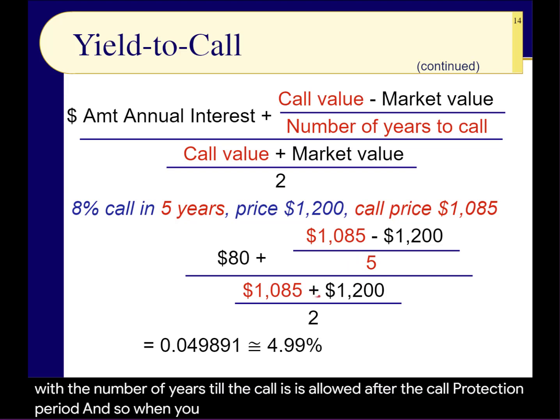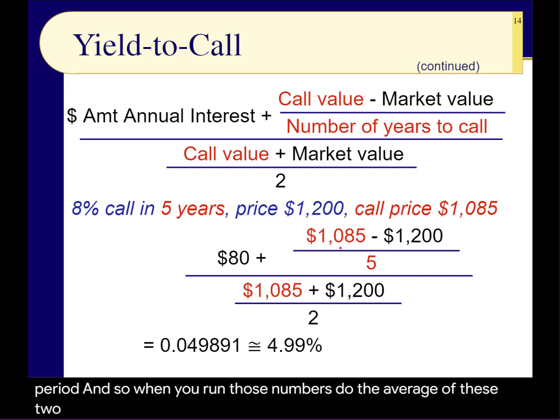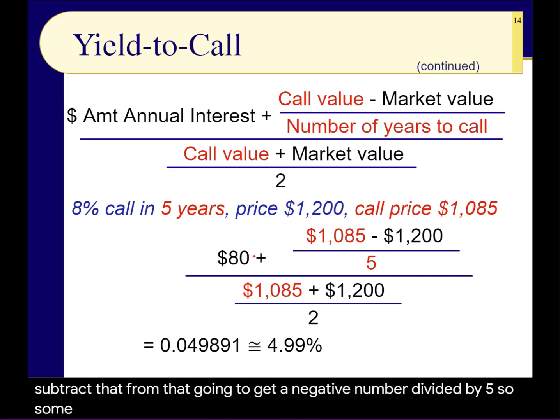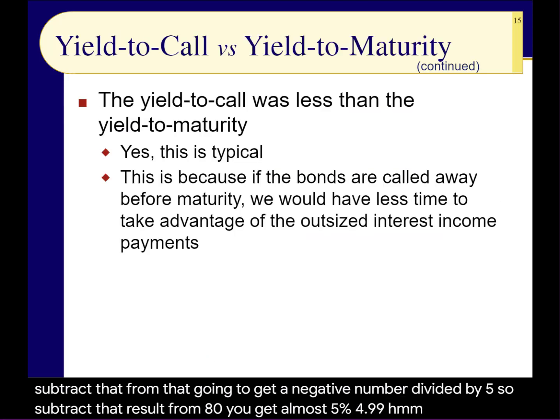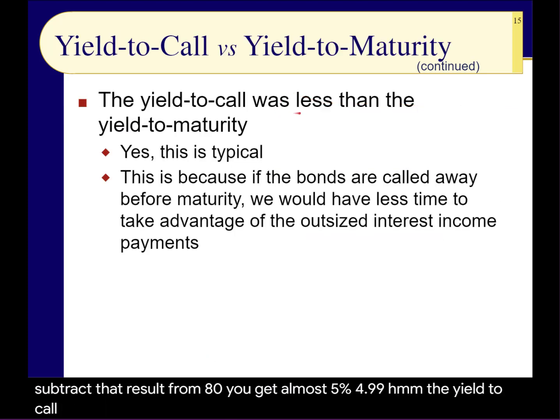And so when you run those numbers, do the average of these two, subtract that from that, you get a negative number, divide by 5, so subtract that result from 80, you get almost 5%, 4.99. In other words, the yield to call was less and typically will be less than the yield to maturity.